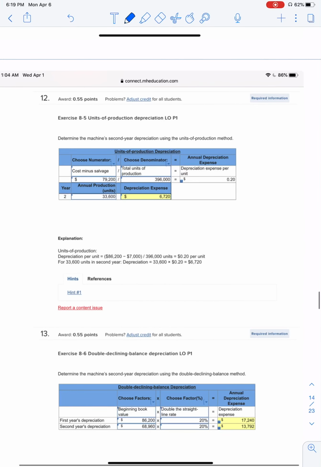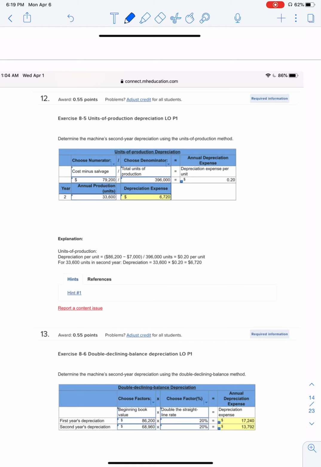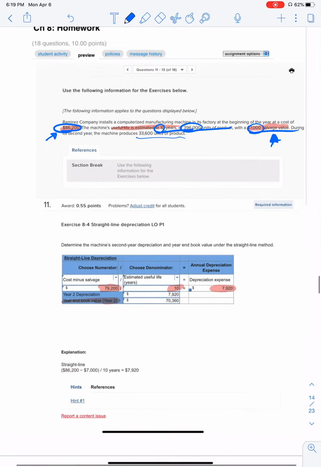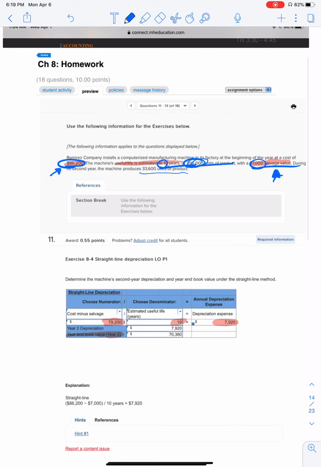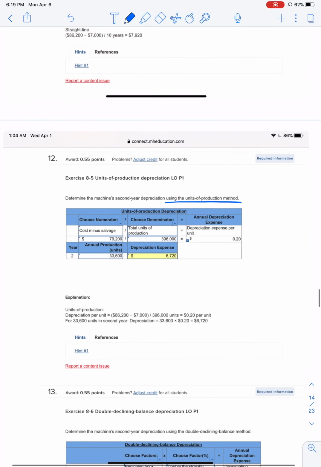So with number 12, it tells us we want to determine the machine's second year depreciation using the units of production method. So if you recall back up here, it told us that we estimated a total units of product of 396 and that we were going to produce 34,000 units of product, or 33,600 units rather, in this second year. So what I'm going to do is I'm going to come down here.